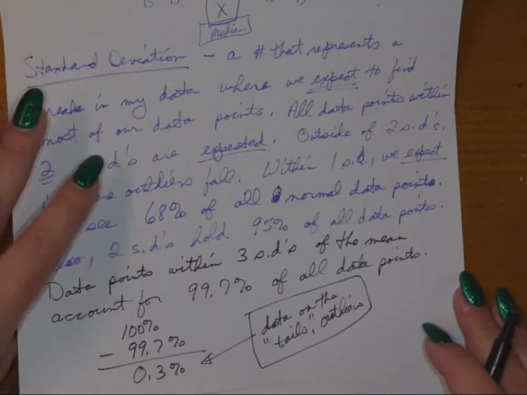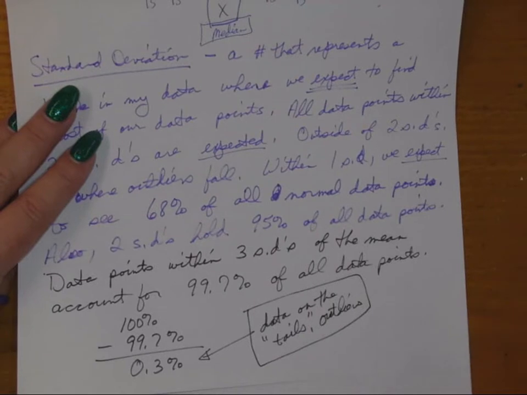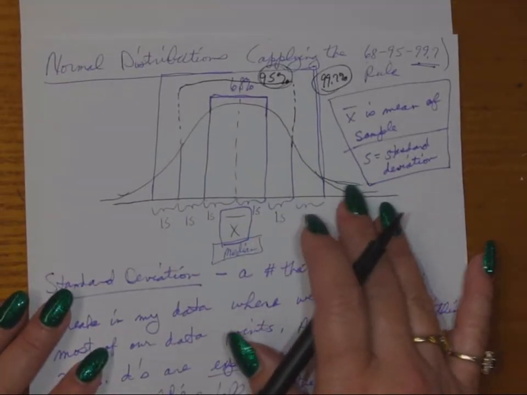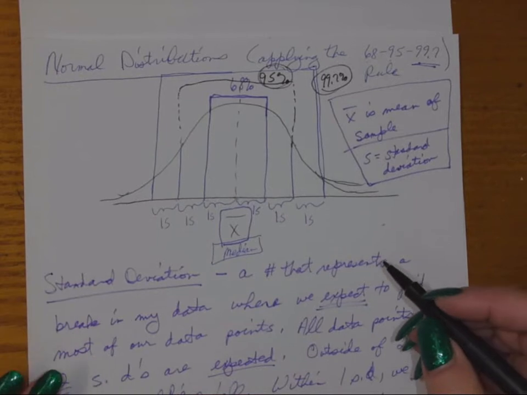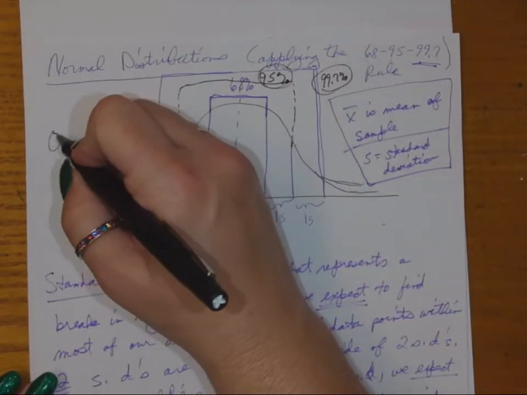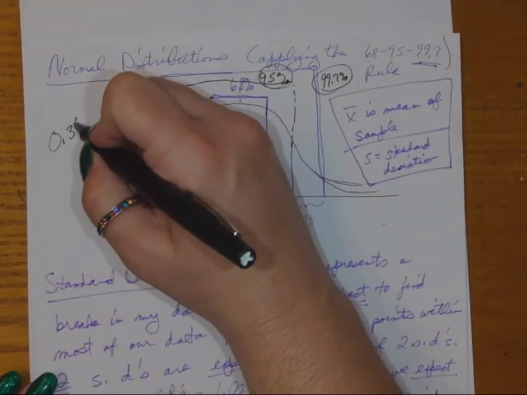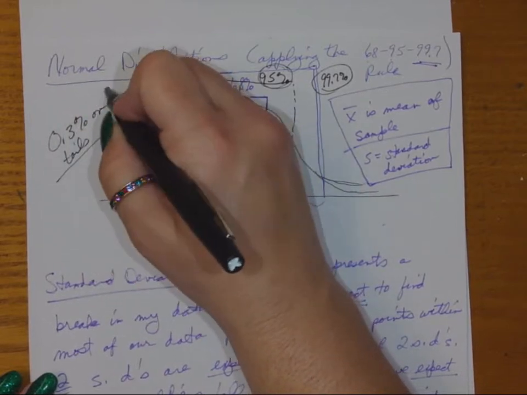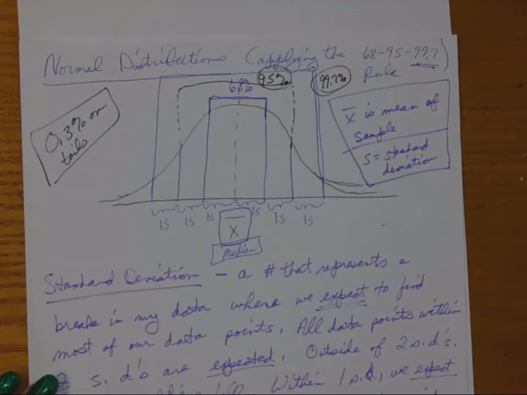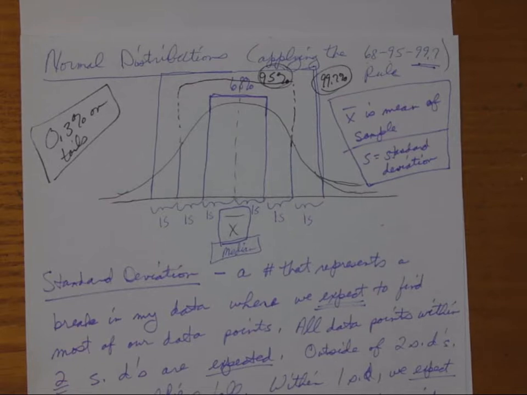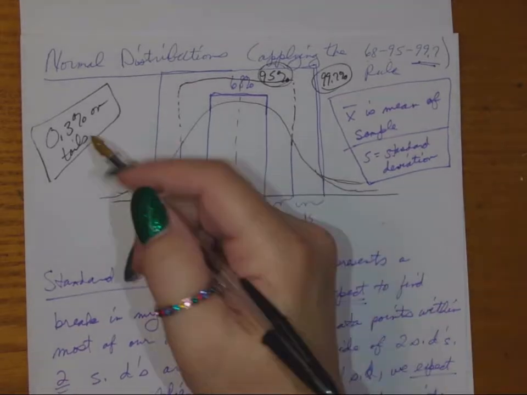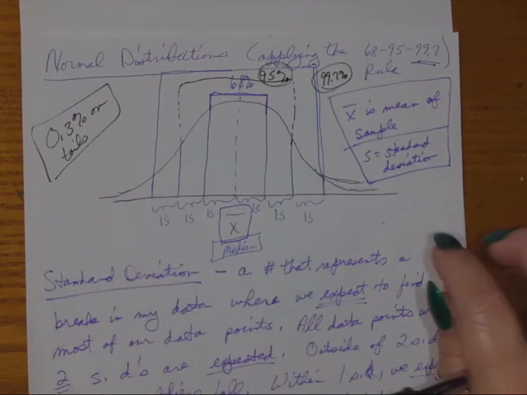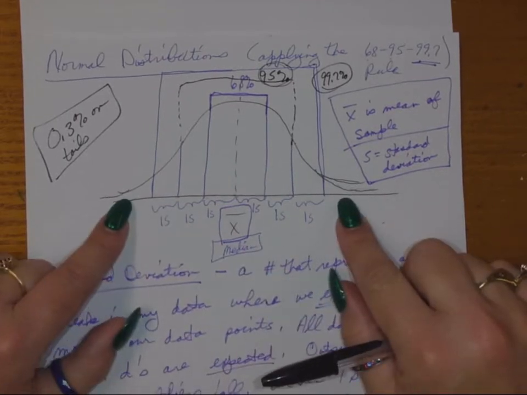Okay, so these are on the tails. In this case, the graph that I've been showing you, the normal distribution, is a two-tailed graph, right? I've got both tails going on. So if 0.3% is on the tails, let's think about this for a second because I want us to do a tiny bit of math. 0.3%, that means they're over here and over here, but I've got two tails.